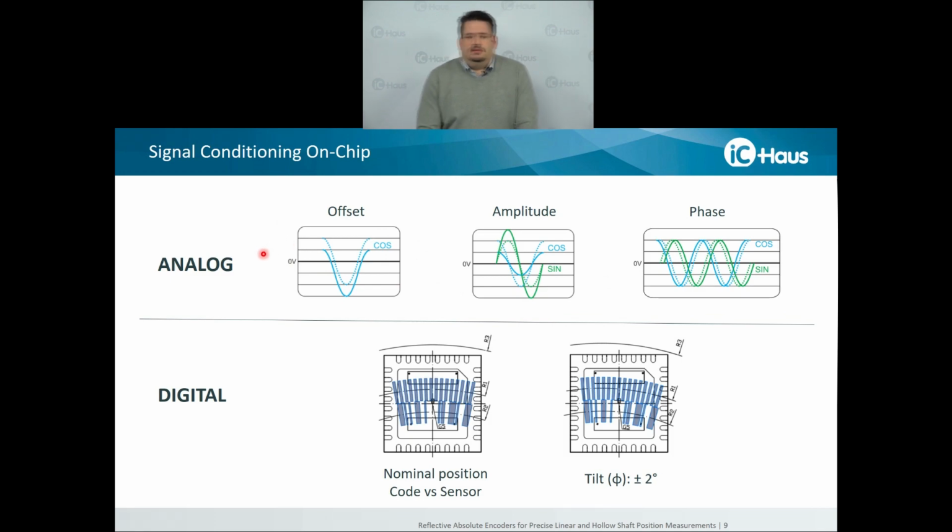There is no external software or external hardware needed. Almost everything is done on the chip. The same is true for the digital conditioning or digital adjust, which you'll also see later in our demonstration. Some imperfections regarding the assembly of the code disk versus the sensor can be compensated and leveled by the chip itself.